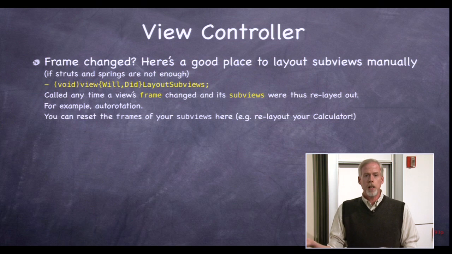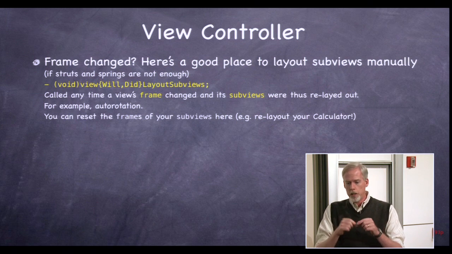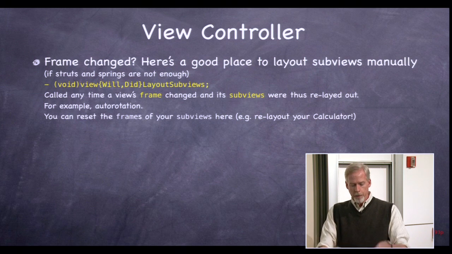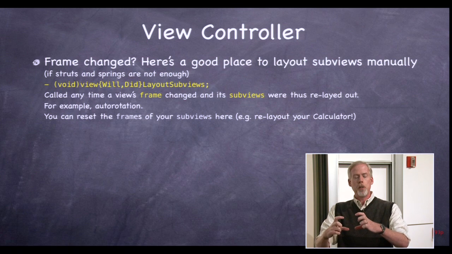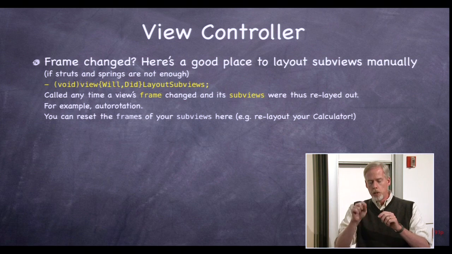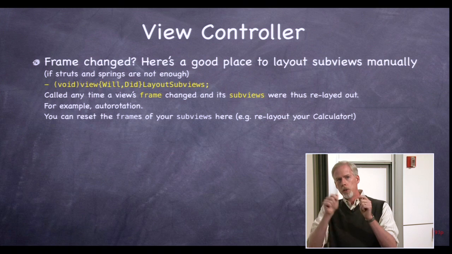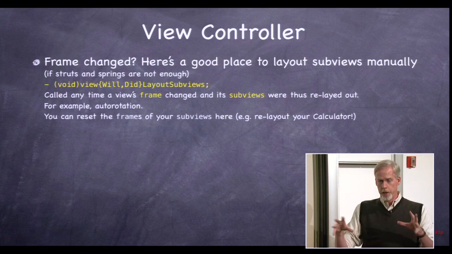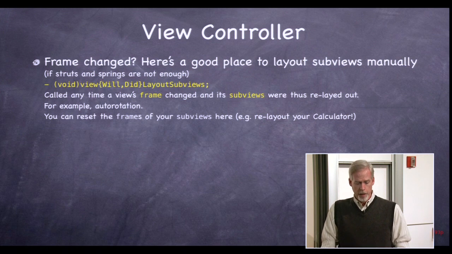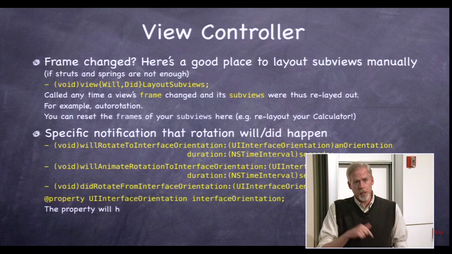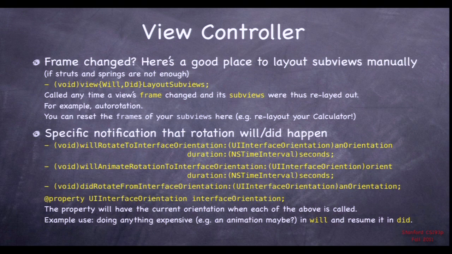Like in the did, you could go and look at your calculator and just move all the buttons. In view did layout subviews, now your bounds is the new size, so you can just run around and move all your buttons, using some algorithm to lay them out nicely in the new bounds. Okay? If you want to know specifically about auto rotation, this previous one is just general frame changes. If you want to know specifically about auto rotation, there's a whole bunch of will and did rotates as well.